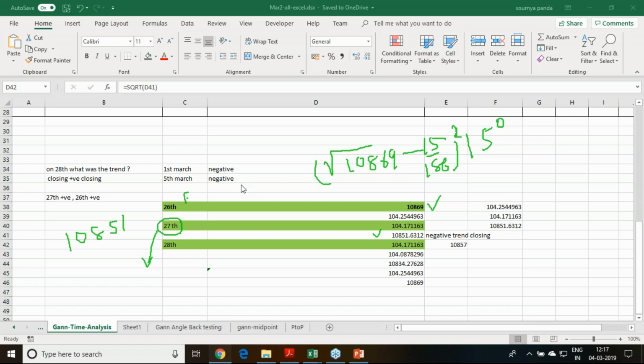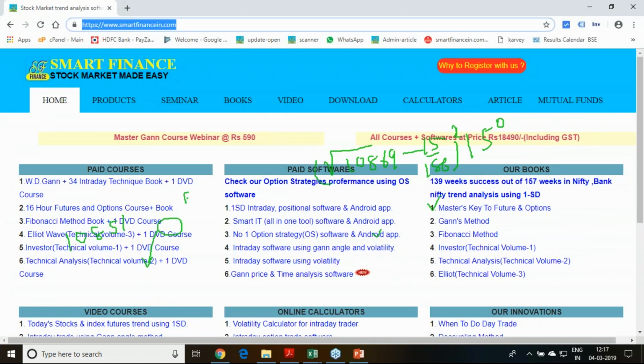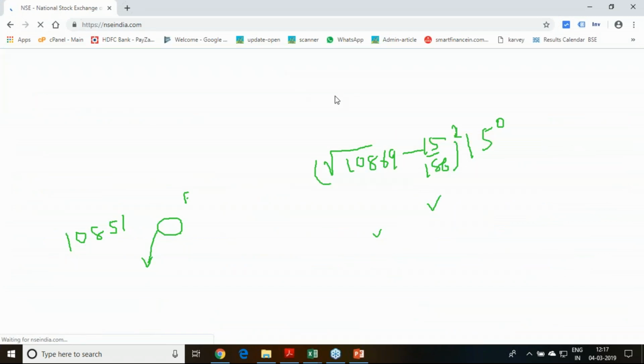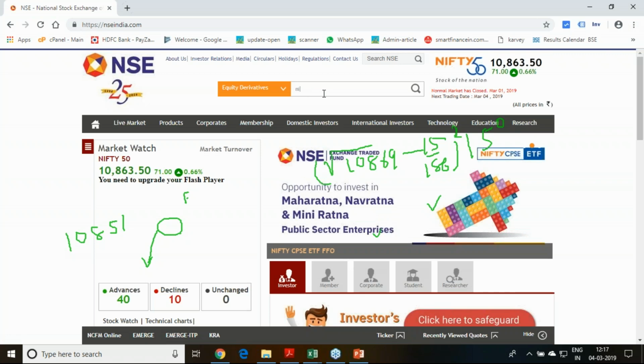That also we can see from the NSE side. If you go to the NSE site and go to the Nifty data, you can very well cross-verify whether these value points I am saying are true or not.